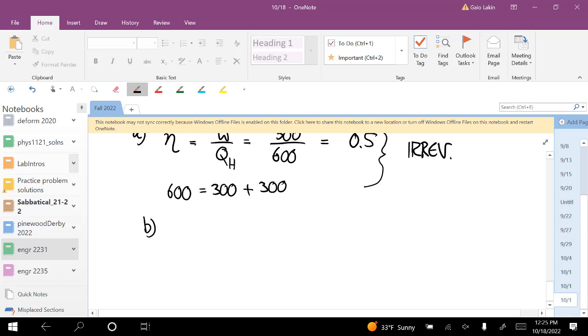So B, let's look at the first law. It says 400 is equal to 280 plus 120. This one works.